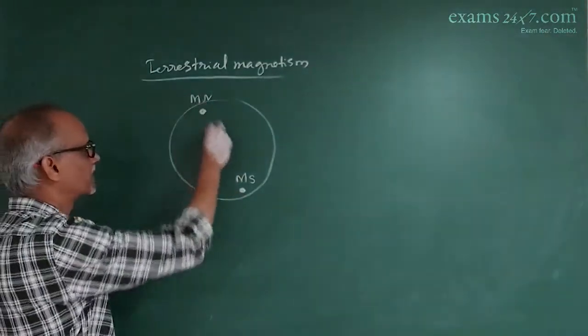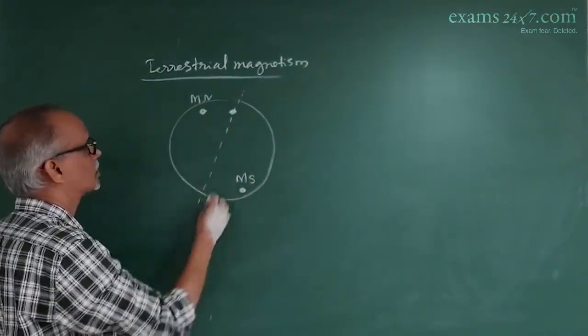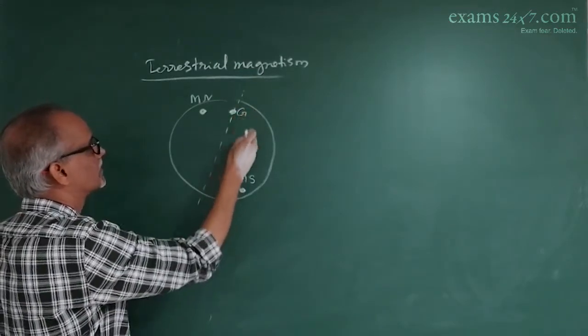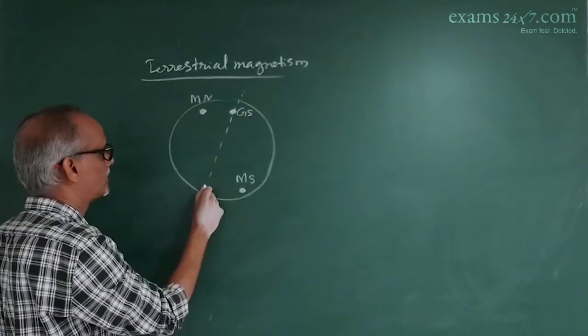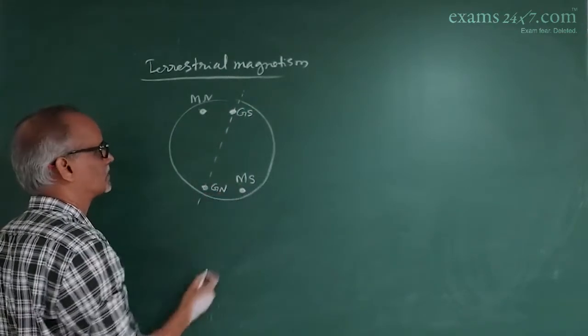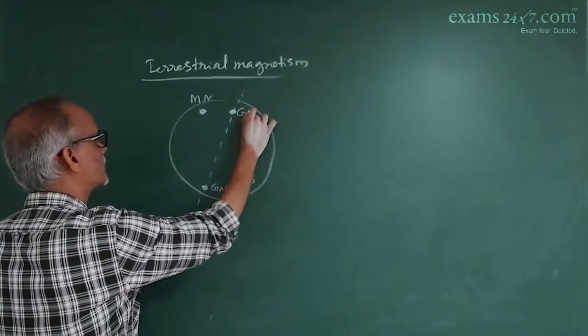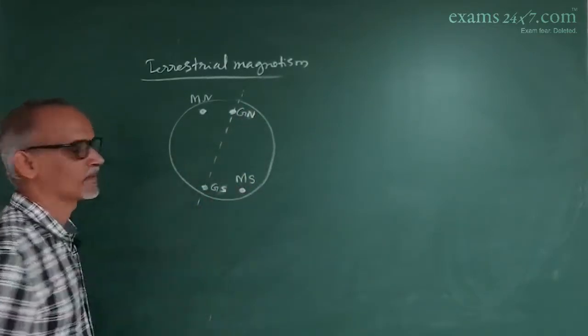And these are called magnetic poles, which are completely different from the geographic poles. Near magnetic north we have geographic south, and near magnetic south we have geographic north. So basically this is the geographic north and this is the geographic south.